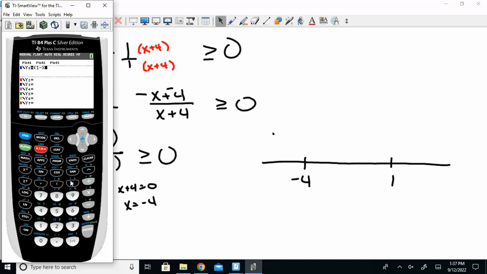You want 1 minus x in parentheses divided by x plus 4. If you're having trouble getting the graph, let me know so I can help.